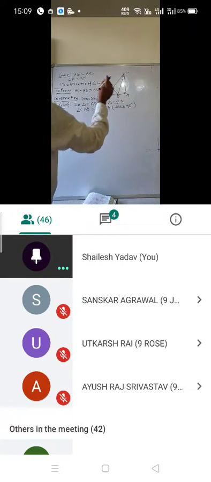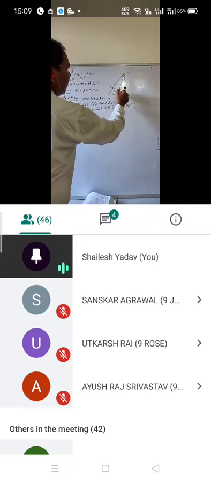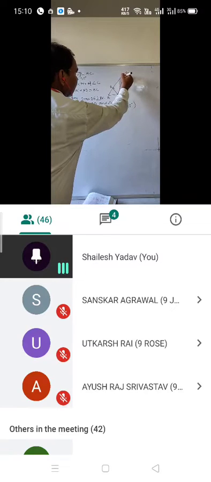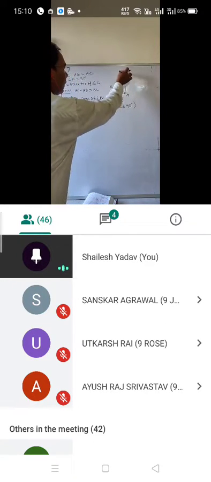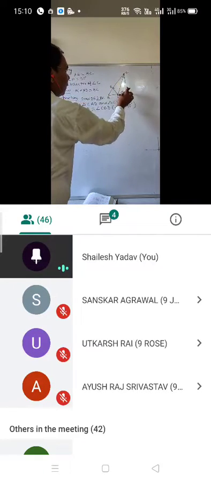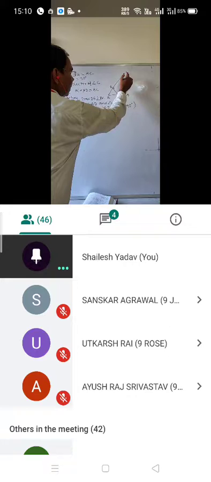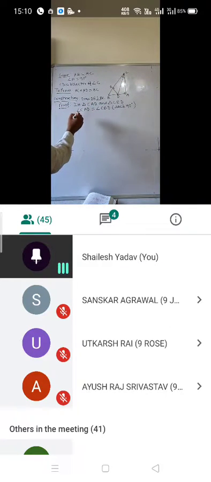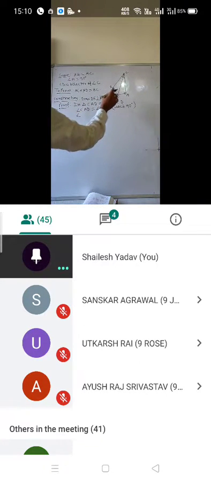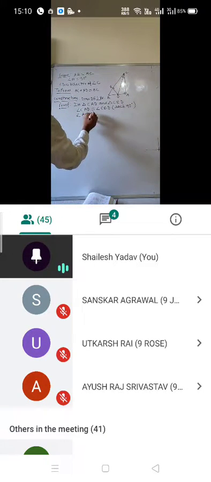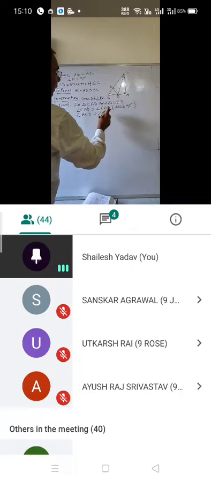Now second, here CD is the bisector. In the question it is given that CD is going to bisect angle C. It means if CD is the bisector of angle C, then angle ECD equals angle ACD. These two will be equal, and angle ECD is part of this triangle and angle ACD is part of the second triangle. So here you can write angle ACD equal to angle ECD.